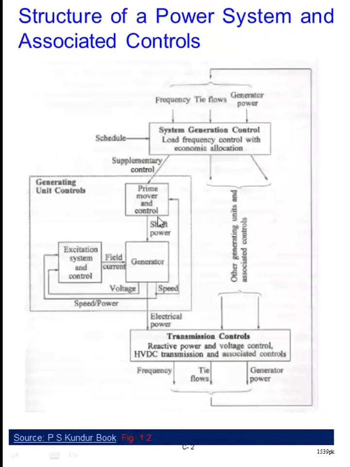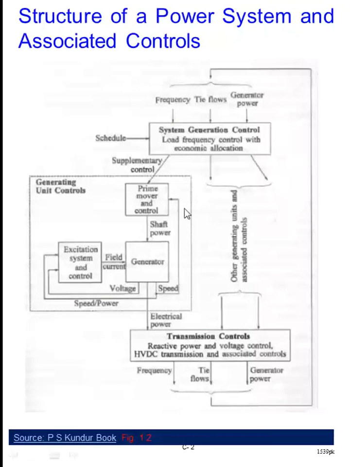So you have a prime mover, and then again the control. You have the prime mover here. Then it is coupled to the generator, so the mechanical power is fed to the generator. Then at the terminal of the generator, we have some measurement, let's say the speed signal.